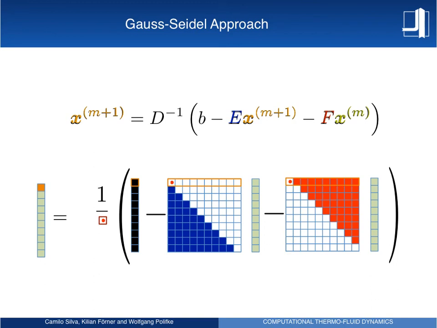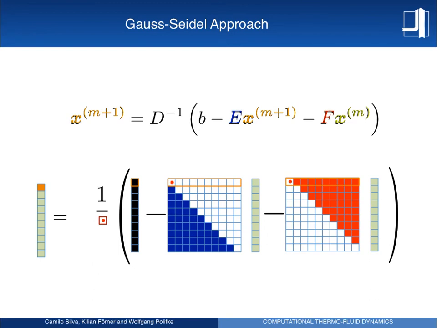And we will compute x_m plus 1 row by row. Now let's start. The first thing is we start with the first element, 1 over D, so we consider this element 1 over D. The vector b is always the same, and then we need to multiply x_m plus 1, but we don't have x_m plus 1. But if you had it, you would multiply it by a row of zeros, which at the end of the day is going to be 0.